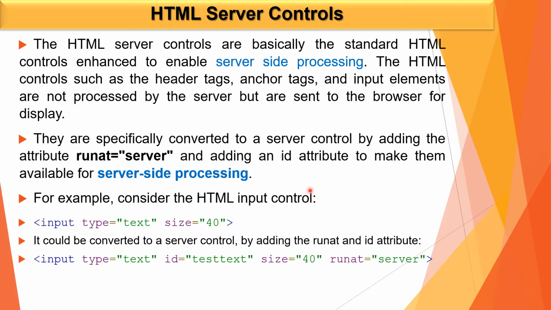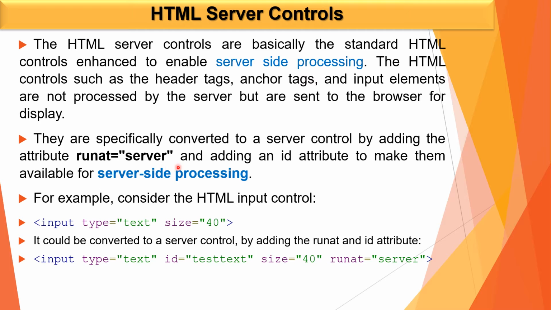These HTML controls, that is the header tags, anchor tags and all the different HTML controls, may not be processed by the server because they are used only at the browser level, or you can say at the client level. They are converted to a server control by adding the attribute runat="server".